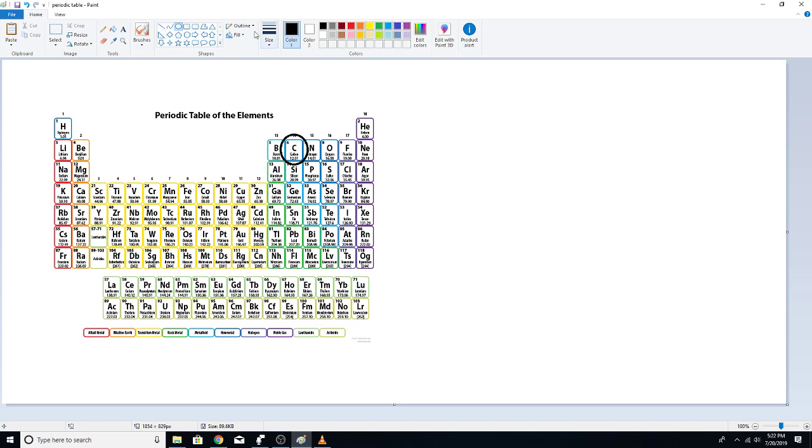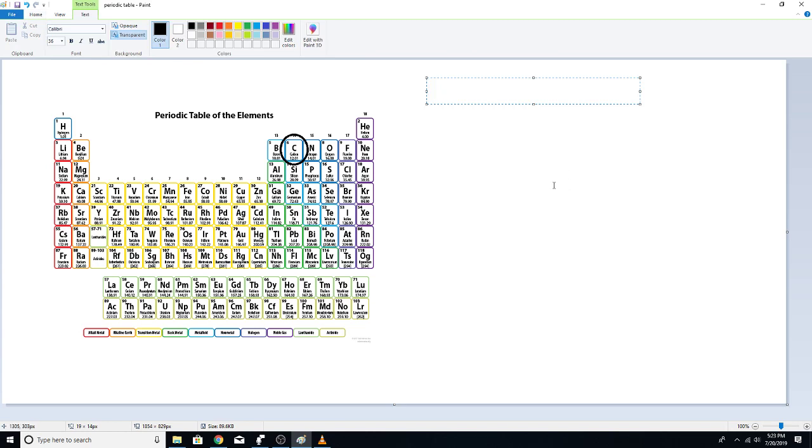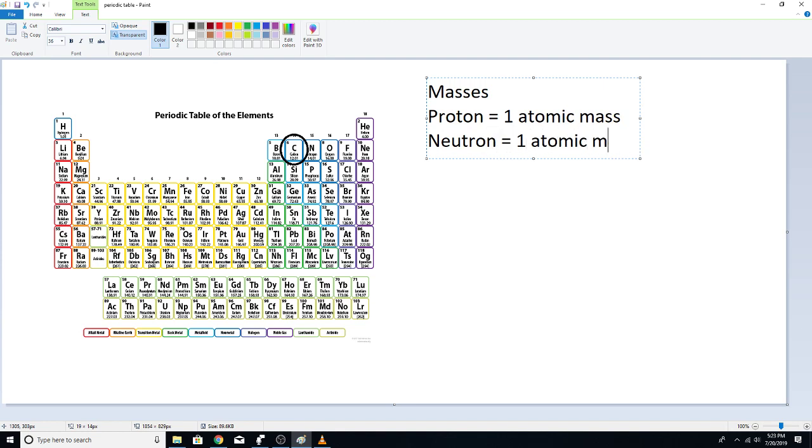So if we write this out, if we put masses, a proton equals 1 atomic mass, a neutron equals 1 atomic mass, and an electron, it's not 0, but it's so small in terms of its mass that we just call it 0, just for simplicity.